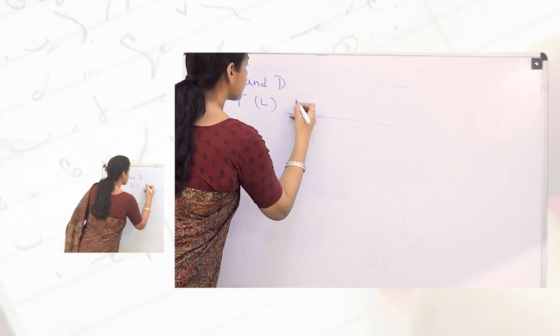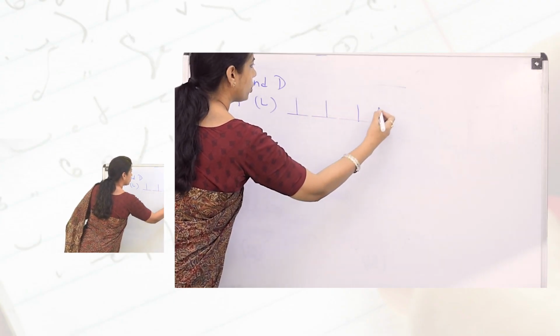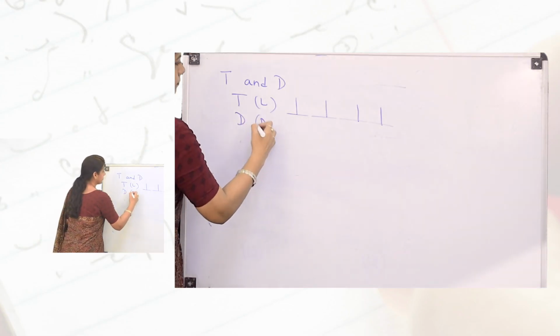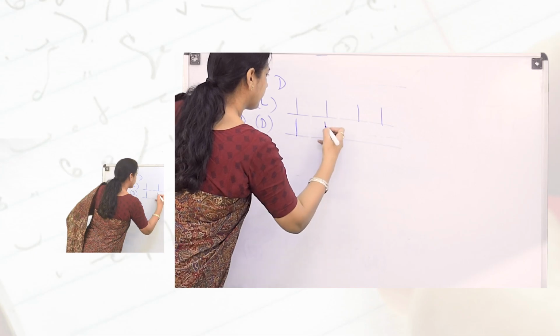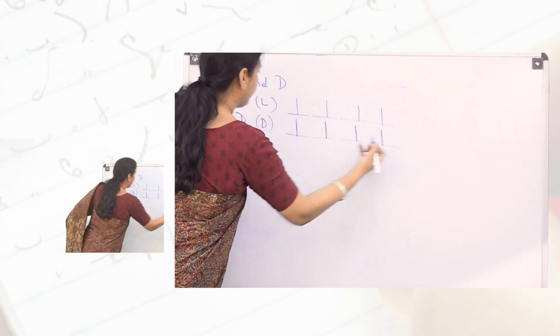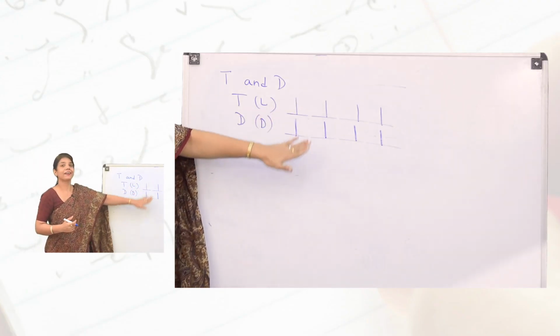Now T is a straight line from top to bottom. D again, the same outline, the difference will be only light and dark.